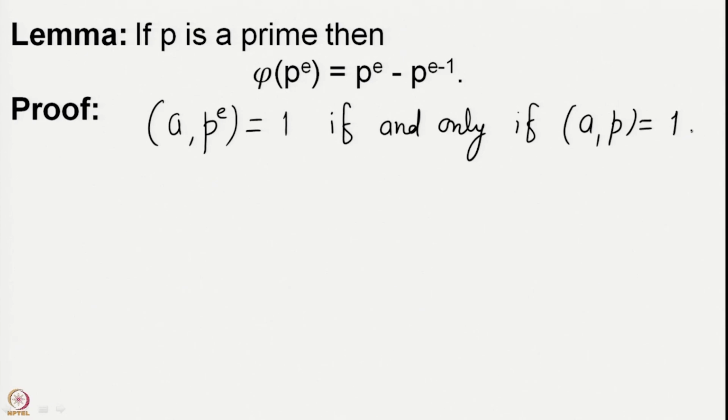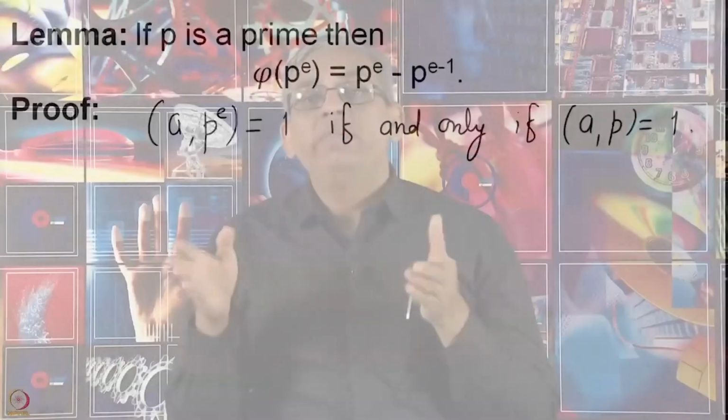So, if you have a natural number and it has GCD equal to 1 with respect to a prime power, then clearly its GCD with p has to be 1, because p divides that prime power. If the GCD of a and p is not 1, then it would be bigger than 1, and then it will have to be p, because p has no other divisors other than 1 and p.